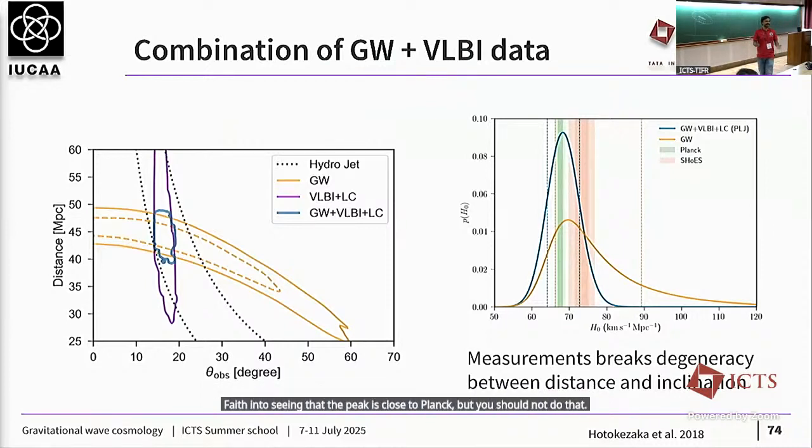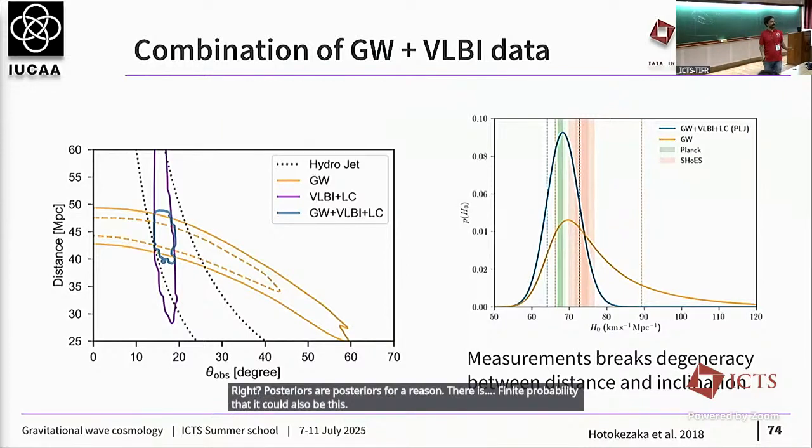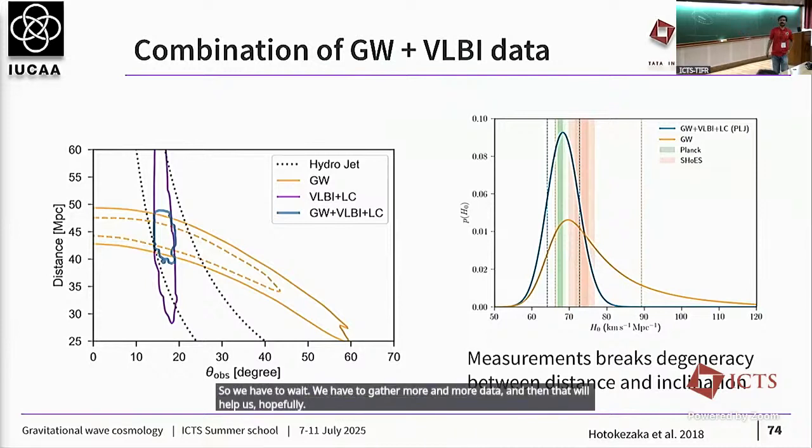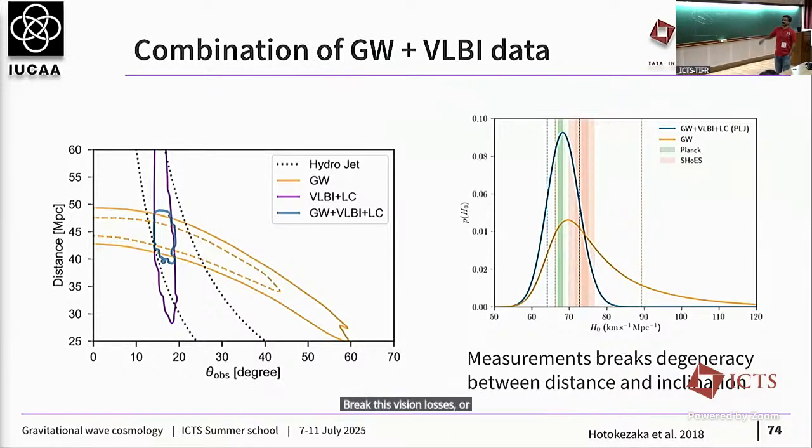Posteriors are posteriors for a reason. There is finite probability that it could also be this. So we have to wait. We have to gather more and more data, and that will hopefully help us break these degeneracies and understand which of these is right.